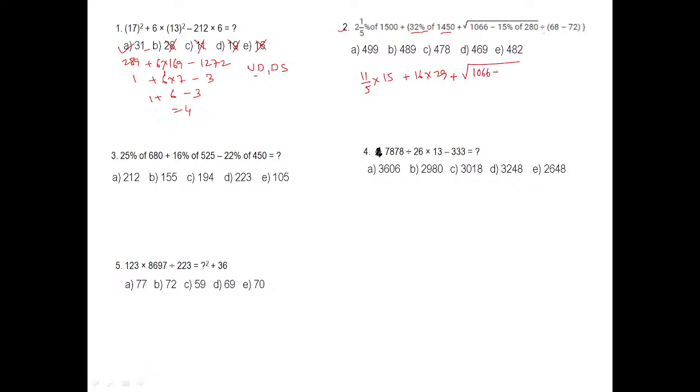1066 minus 15% of 20, that means 28, 10% and 14, that means 42, and divided by 8, that means minus 8, that means 4, minus 4. Is it correct? 28 and 14, that is 42. 15%, that means 10% is 28, and 5%, that is 42.